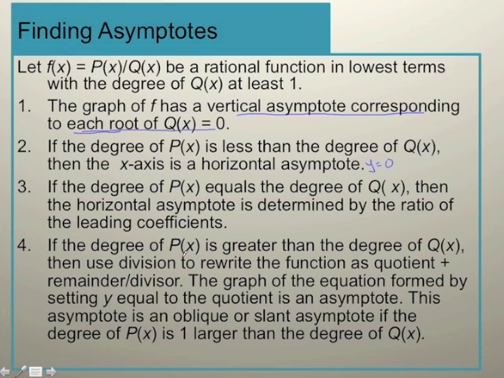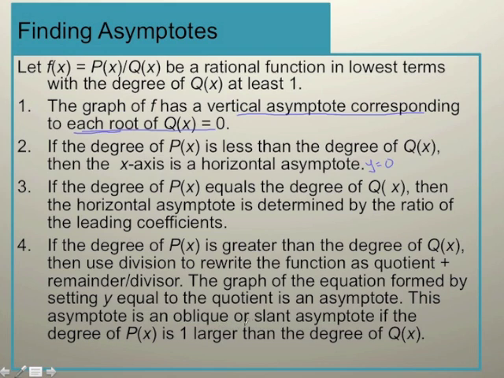And if the degree of P of x is greater than the degree of Q of x, then we use division to write the function as the quotient plus the remainder over the divisor, and the graph of the equation formed by setting y equal to the quotient is an asymptote.